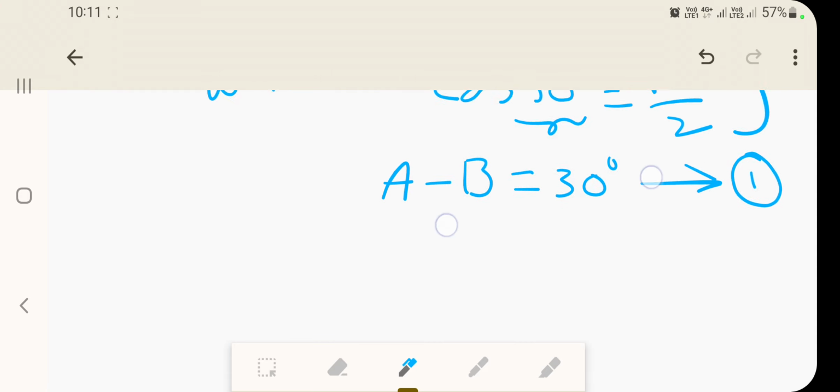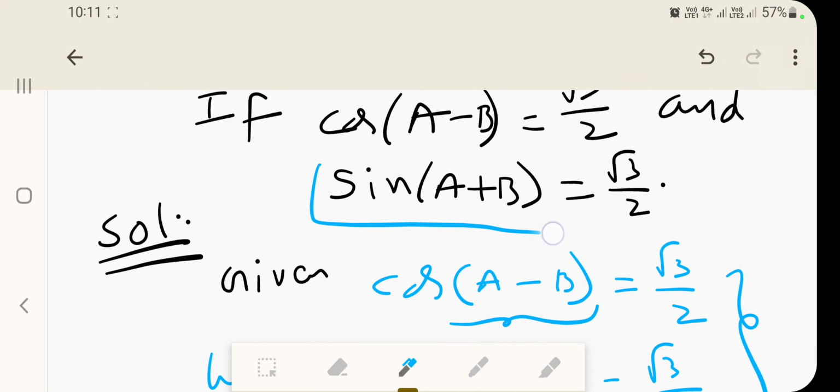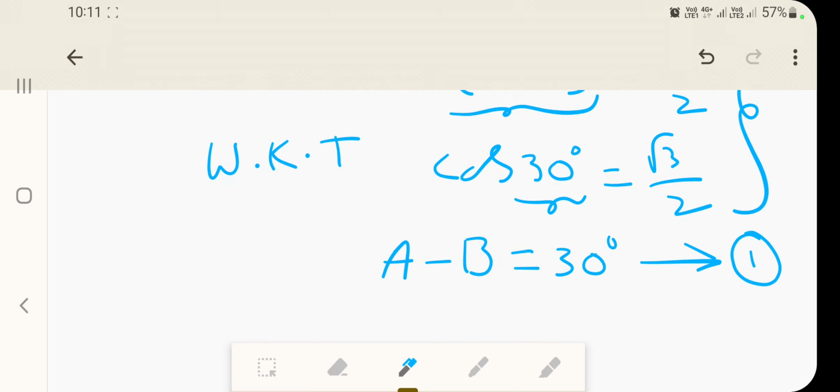Now another condition they have given is that sine of A plus B is equal to root 3 by 2.